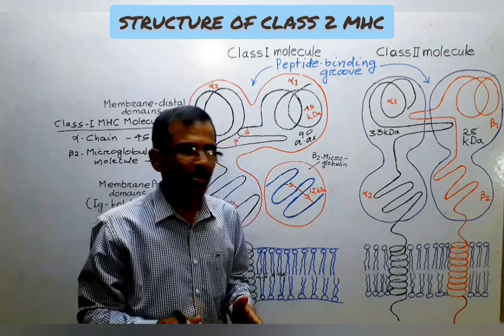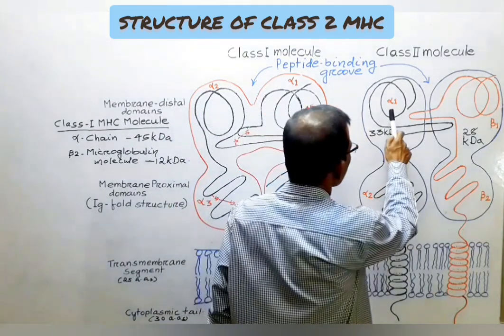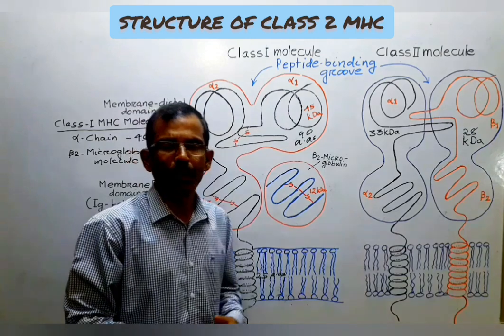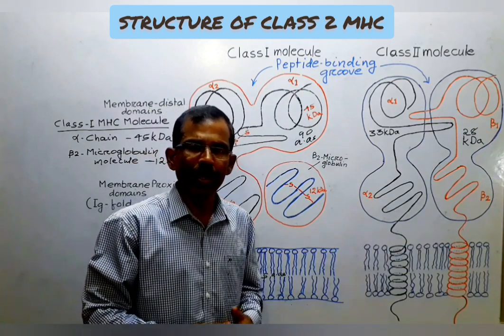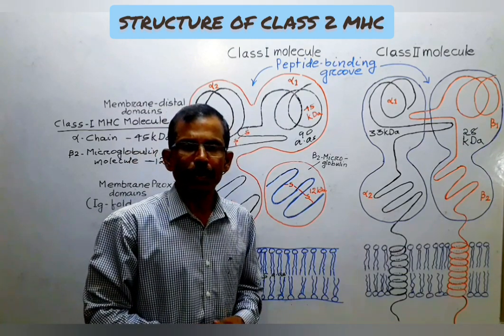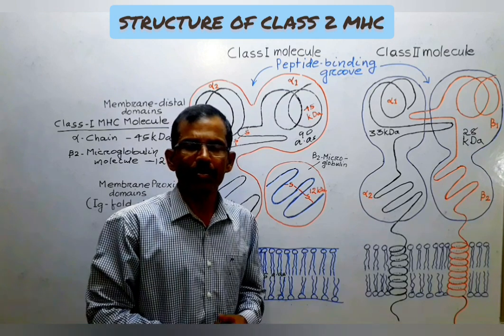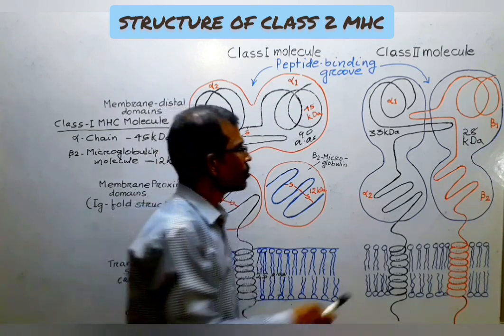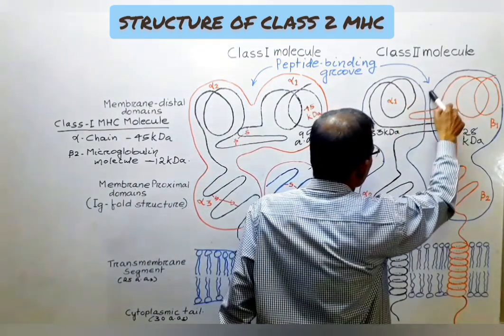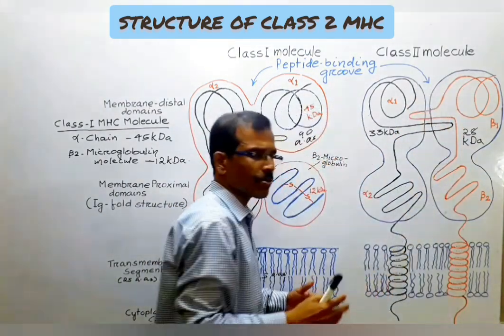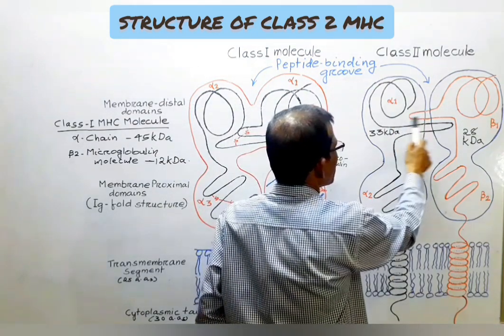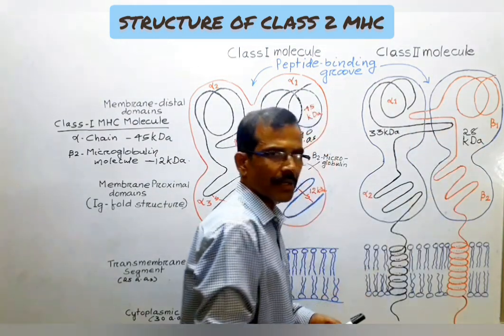The membrane distal domains alpha 1 and beta 1 interact to form the peptide binding groove where a processed peptide antigen of about 13 to 18 amino acids can bind. So this is the peptide binding groove which is formed due to the interactions between the alpha 1 domain and beta 1 domain.